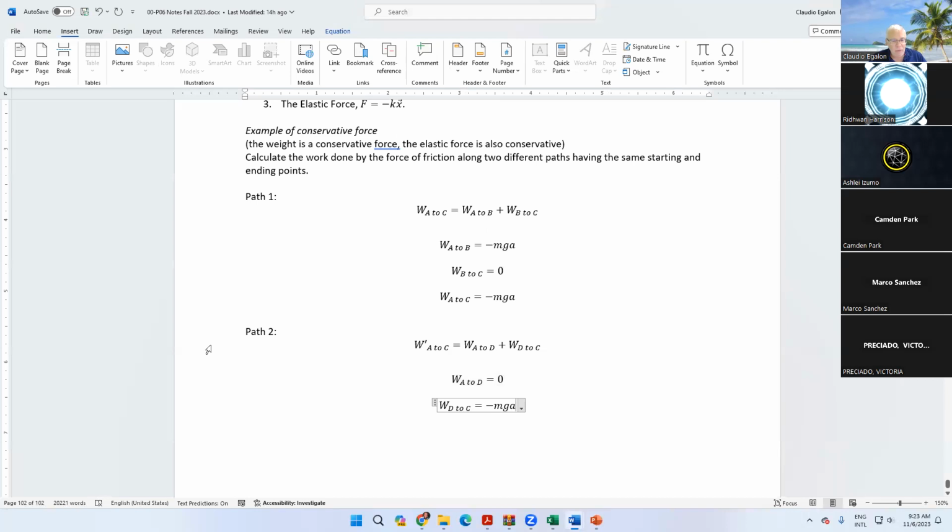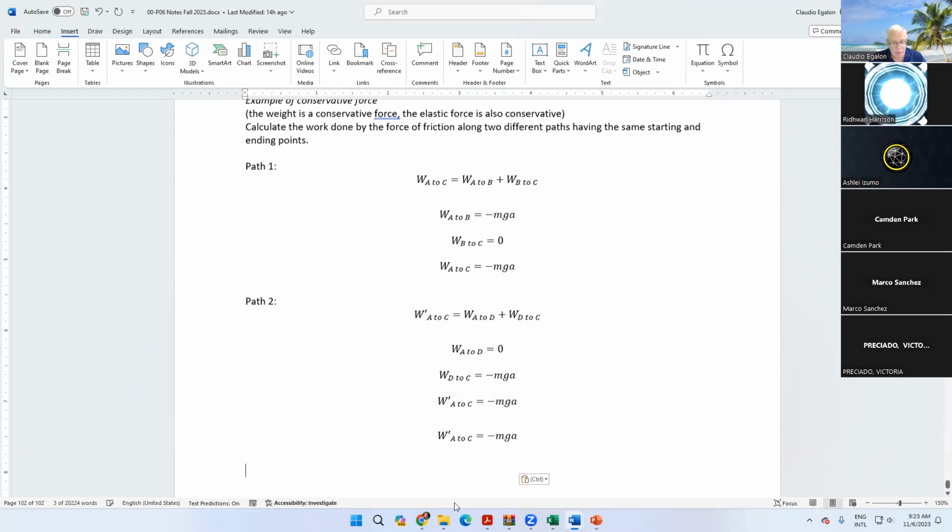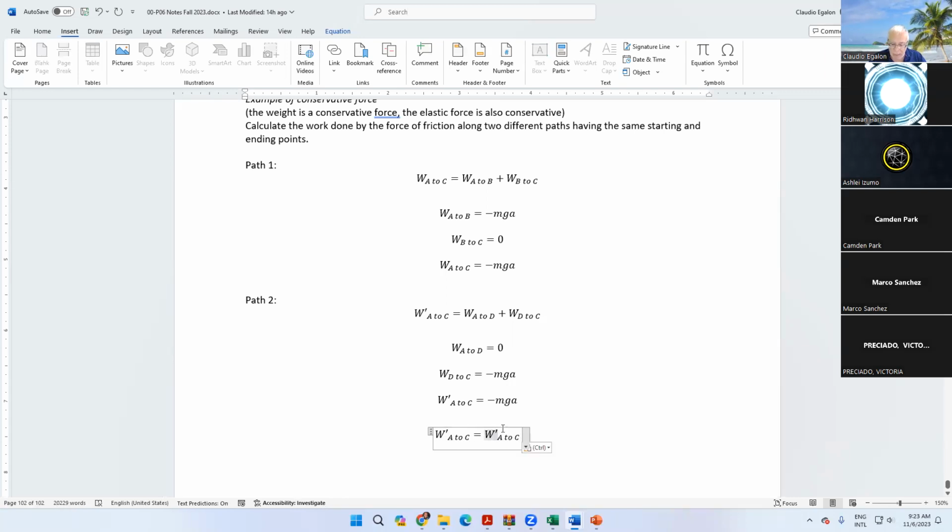So the work done from A to C through the second path is going to be minus mgA. In other words, the work done from A to C along the first path is equal to the work done from A to C along the second path.